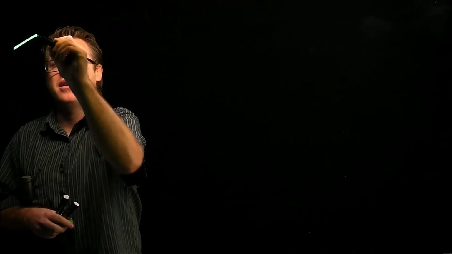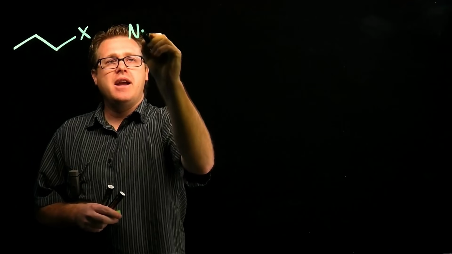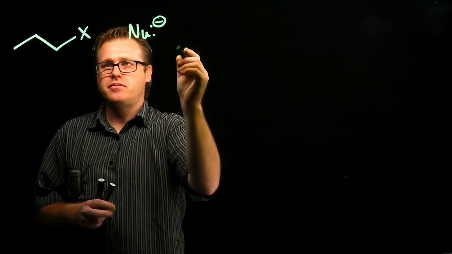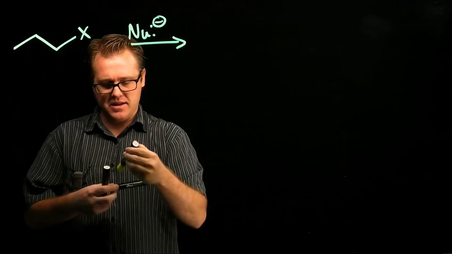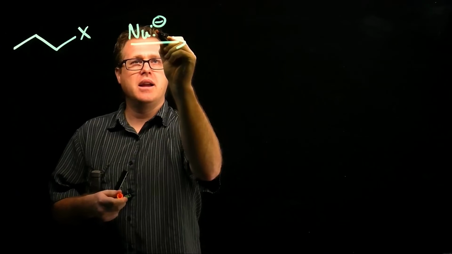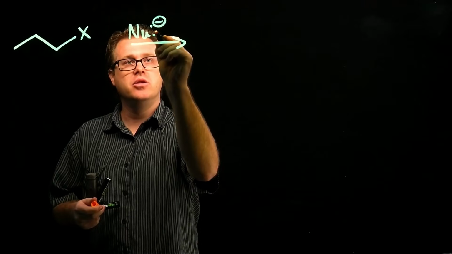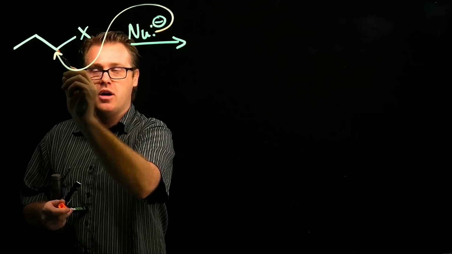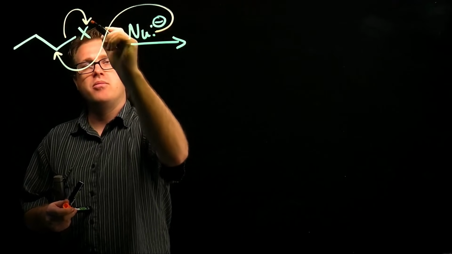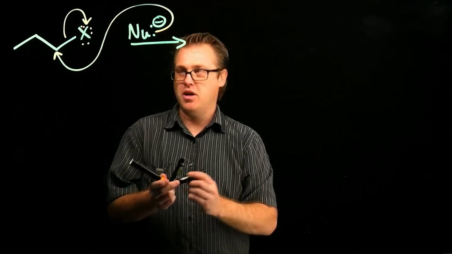Let's consider this reaction right here. We can treat it with any nucleophile. Okay. Mechanistically, we take the lone pair, the electrons on the nucleophile, and we attack the electron poor carbon, and then break the carbon halogen bond.